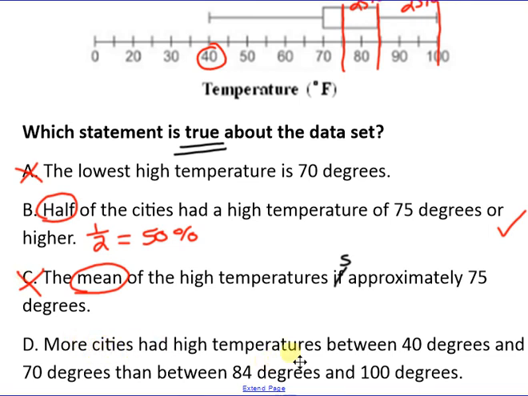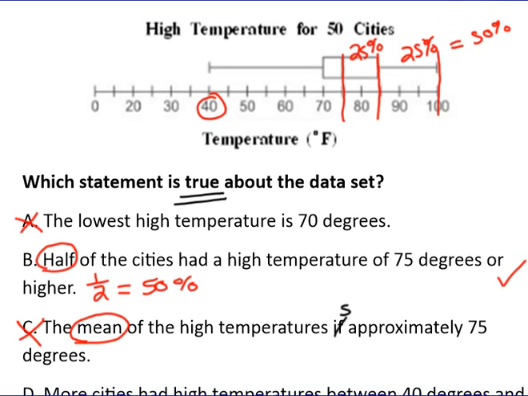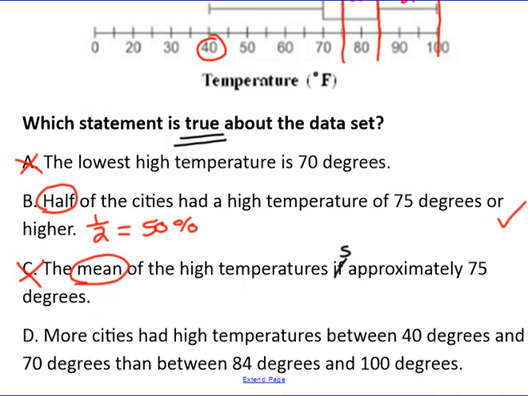More cities had high temperatures between 40 degrees and 70 degrees than between 84 degrees and 100 degrees. That's also incorrect. We don't know that. Just because this line is longer does not mean that you had more data values here. It just means that the data could have been more spread out, okay? So, B is our correct answer for this last problem.